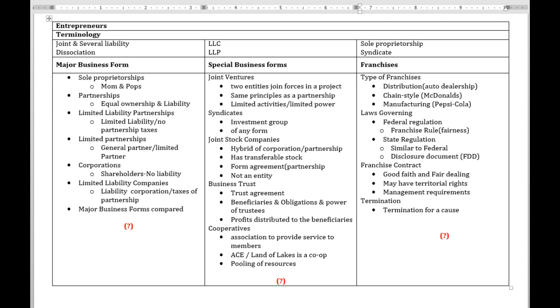And then to terminate a franchise, you can terminate it for a cause, and that's on either side. But again, there are steps that need to be gone through to dissolve that, or disassociate. I guess I could use this new word we just came across. Disassociate the termination. So here we are at the end, and there's one more question.